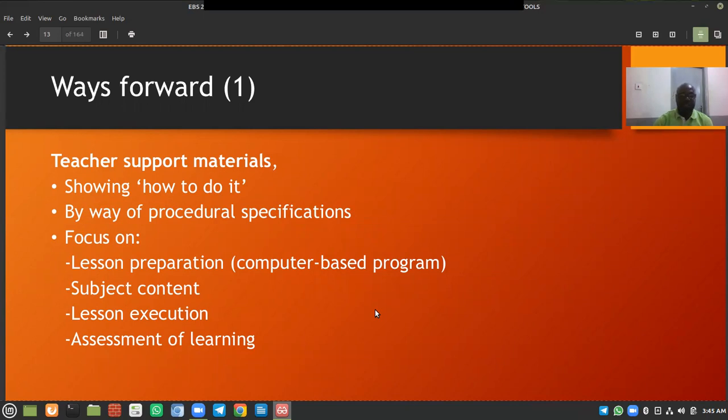It should focus on the lesson preparation, the computer-based program, in this case, the subject content, how the lesson should be executed, and then finally, assessment of the learning, as in assessing the pupils who would sit in the class when this new material is being used.